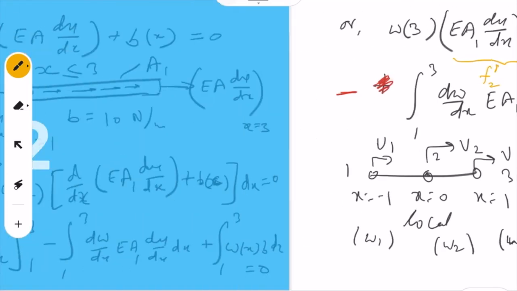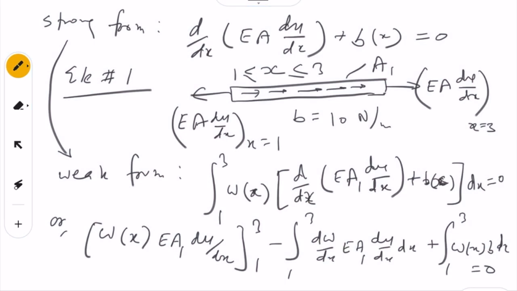This one is given by, if you look here, the tensile force going like this.